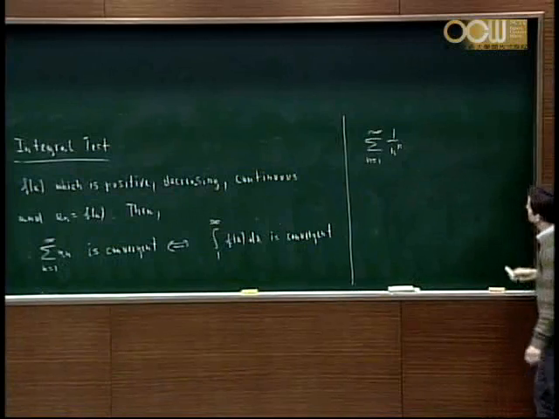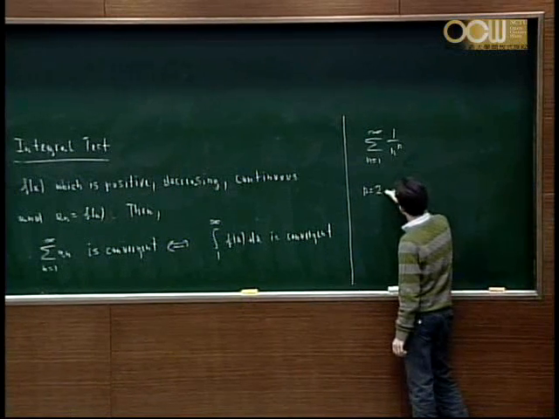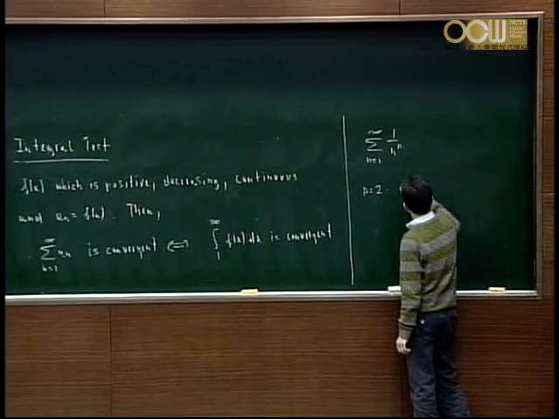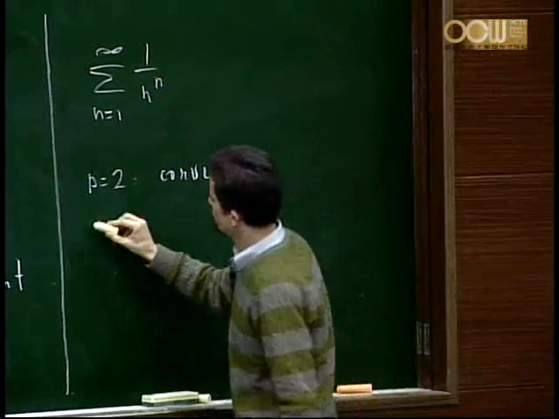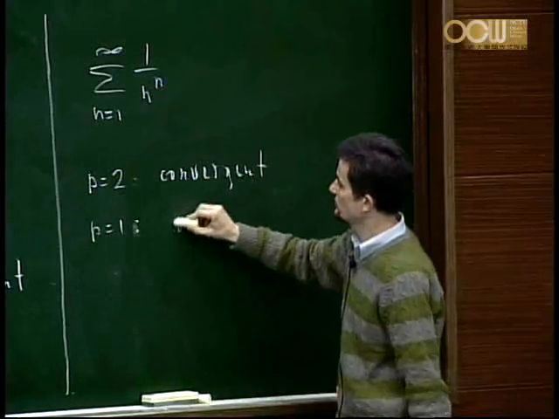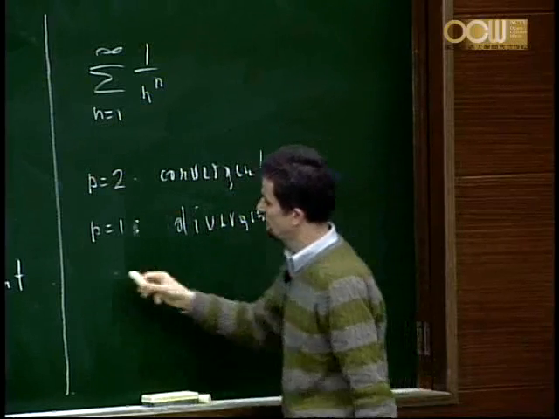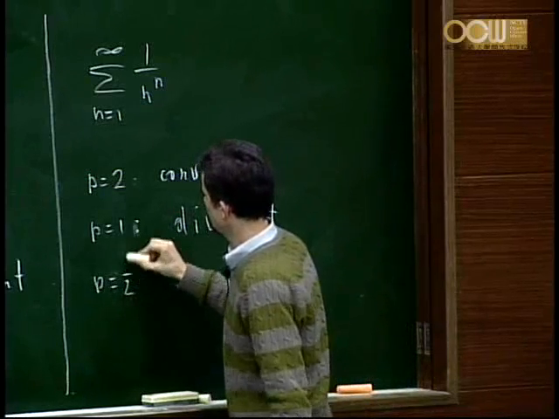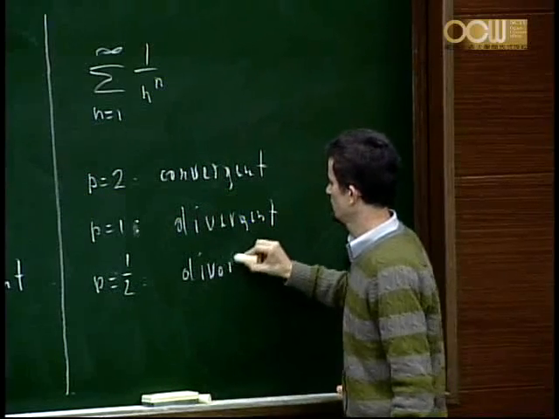So we discussed already three cases. For p equal to 2, we know it is convergent. For p equal to 1, this series becomes the harmonic series, so we know it is divergent. And for p equal to 1/2, we also saw it is divergent by using this here.